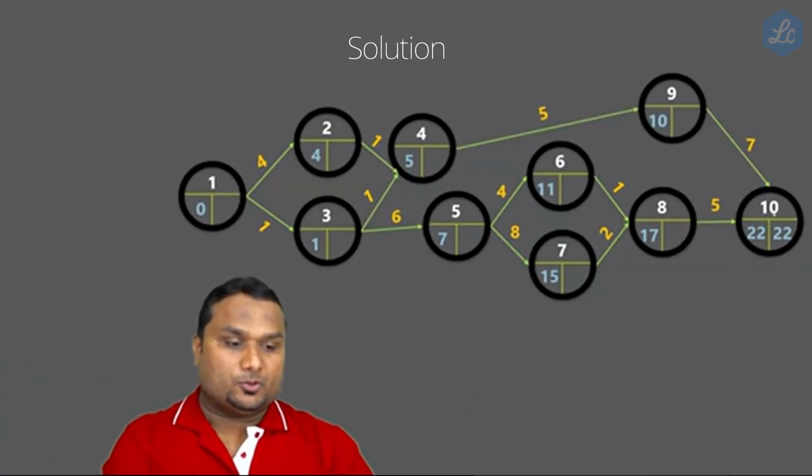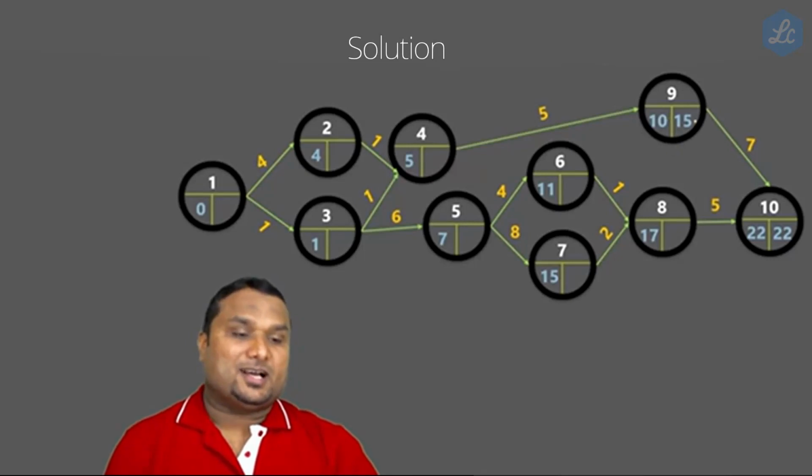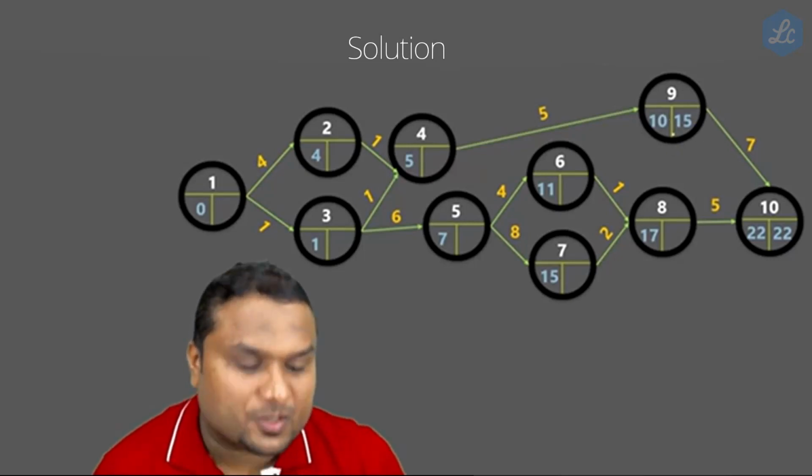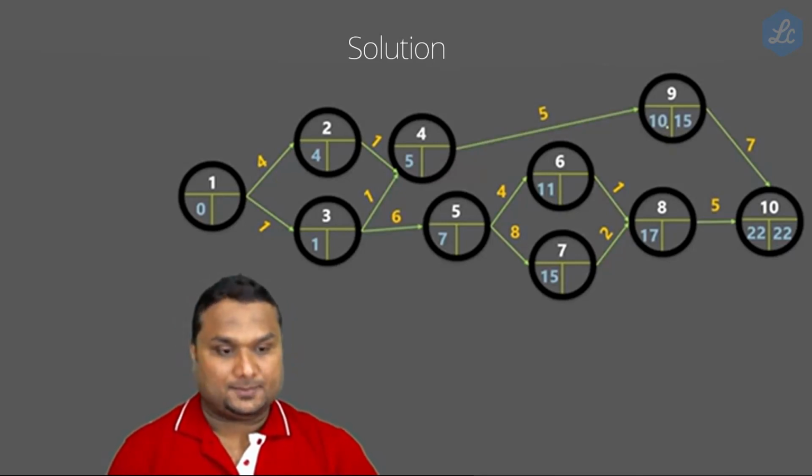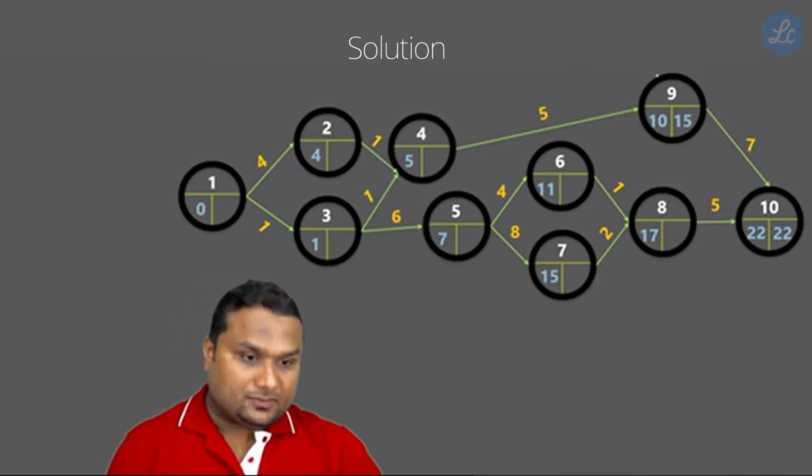Now what I'm going to do is 22 minus 7, which is 15. Now look here. From here, you will understand the concept of earliest starting time, earliest finishing time, latest starting time, and latest finishing time. You can start this activity on the 10th.